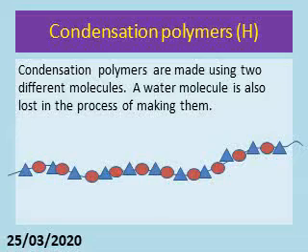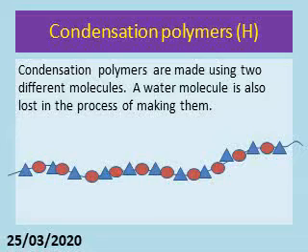So, condensation polymers are made using 2 different molecules. As opposed to the last one, where it was just one molecule repeated, this one, you're going to end up with 2 monomers joining together and essentially alternating to make a big long chain.